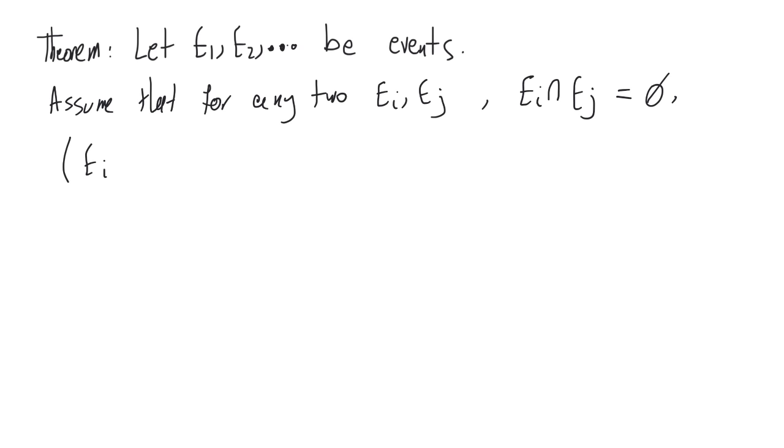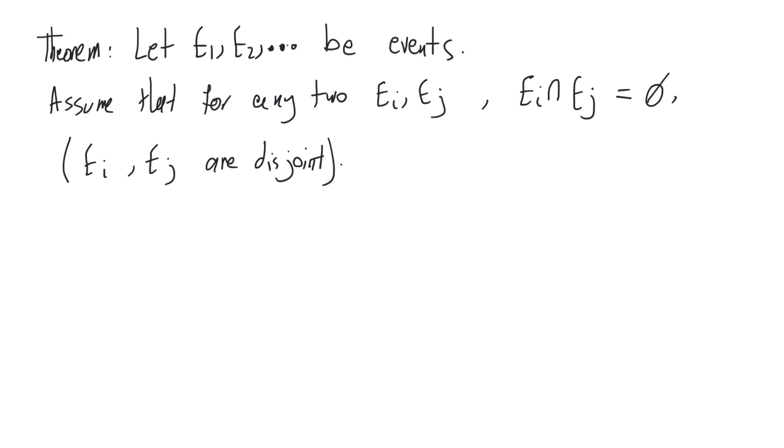If you remember, that's the same as Ei, Ej being disjoint. This means that there's no outcome that happens in more than one of these sets.